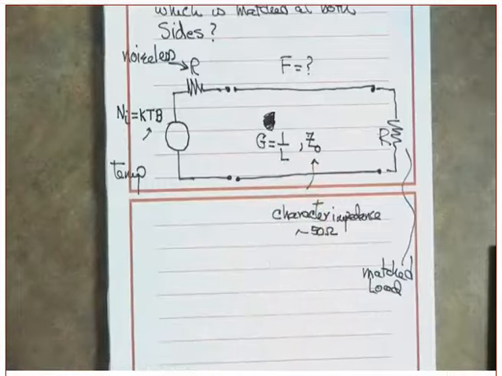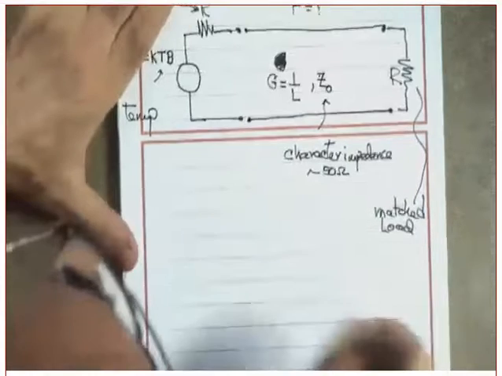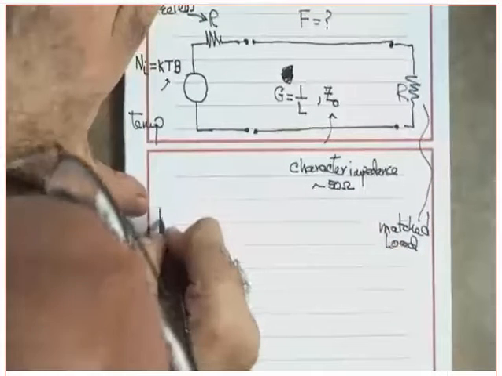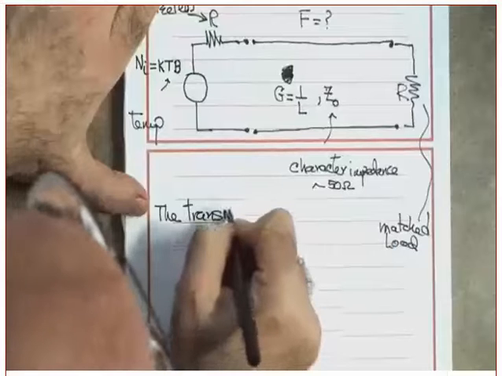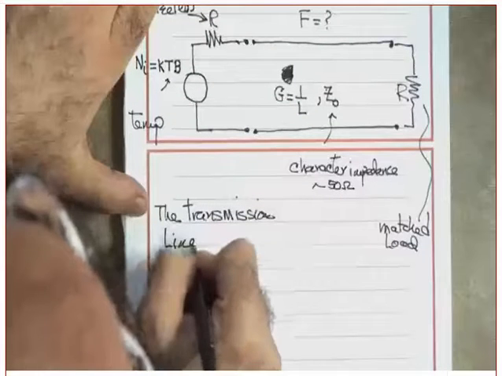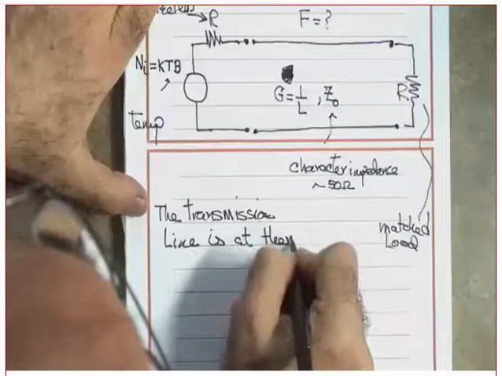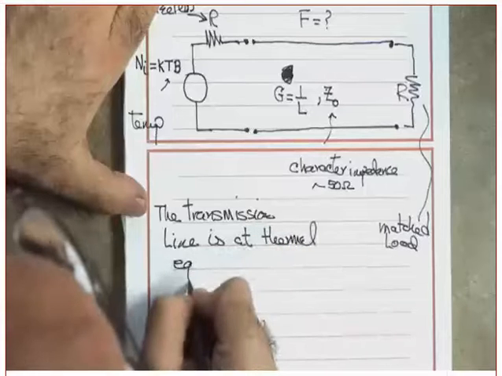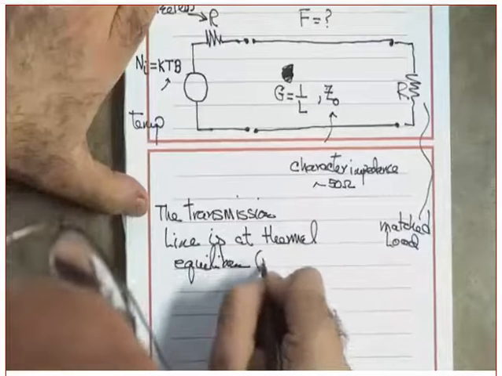Did you get my point, or did you lose me? Can we concentrate a little bit? The telephone line, the transmission line, is at thermal equilibrium, matched on both sides.